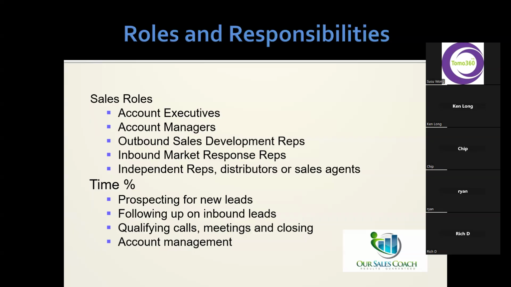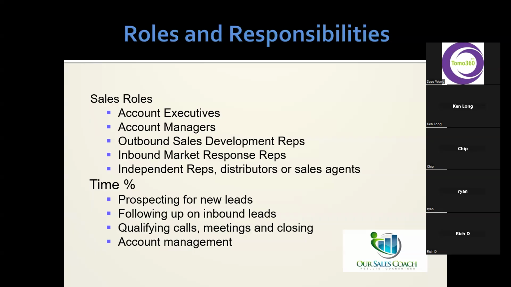Okay. Or should you be using independent reps or distributors to cover an area where you don't have any local penetration yet, geographically or in a market? Okay. And to determine what you need, take a look at where your salespeople are spending their time now.